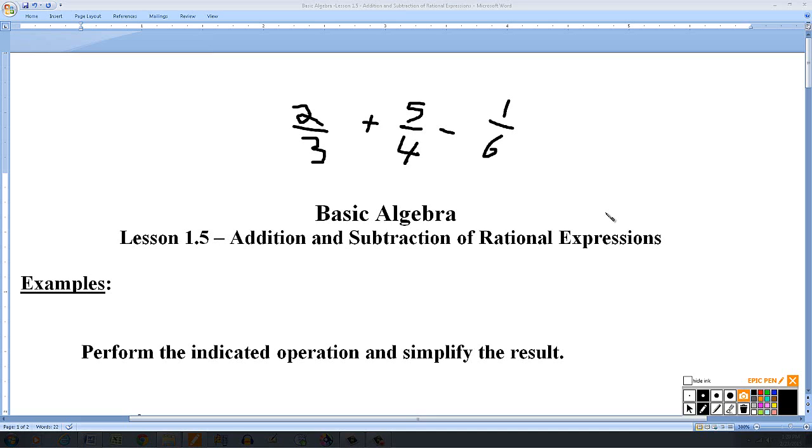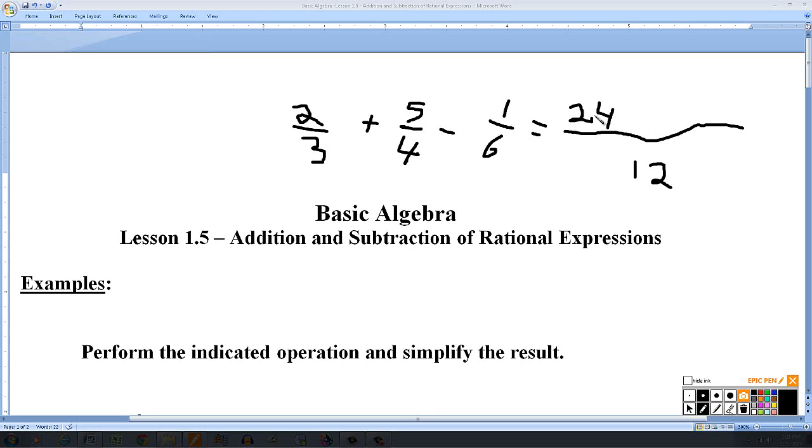Now I could make each denominator 12 by multiplying the numerator and denominator by the same thing. Or I can just do this type of procedure and say, okay, this is going to equal, and obviously I want to come up with one fraction with the same denominator. So everything's going to be 12 here, so I'm going to put 12 here. And I could say, well, 3 goes into 12 4 times, so that means I would multiply the 2 by 4.